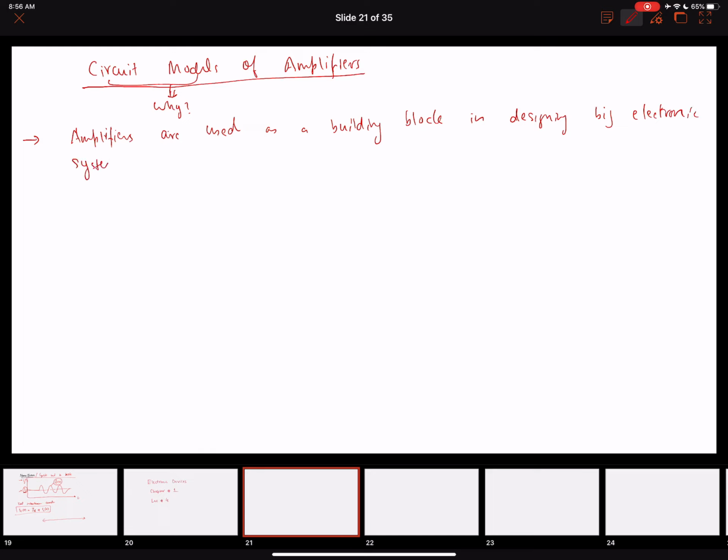You are going to realize that the amplifier is one of the fundamental building blocks in many of the instrumentations, electronic systems, even in medical instruments, right?